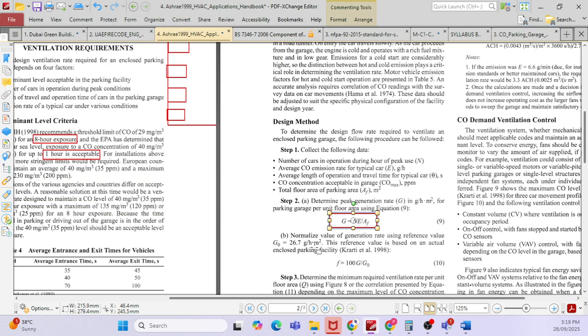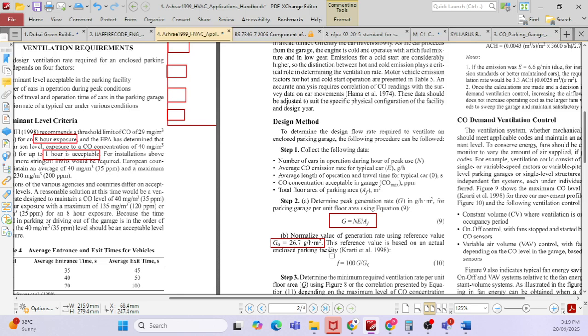So this is the standard normalizing value of generation rate using reference value G0. How much can it go at maximum? 26.7 grams per hour for every square meter. This much is the standard.